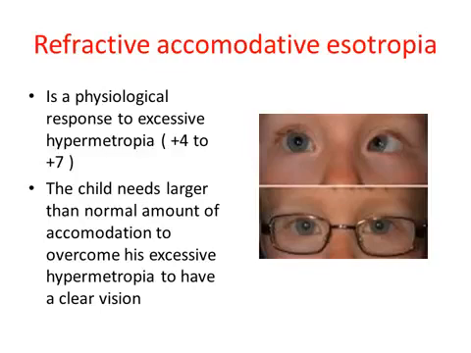The child will need a larger than normal amount of accommodation in order to overcome his excessive hypermetropia and have clear vision. As you can see in the picture, this child has left esotropia due to high hypermetropia. By simple correction of his hypermetropic refractive error using plus lenses, the convergent squint is corrected.